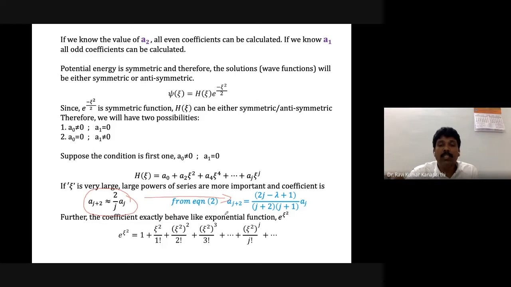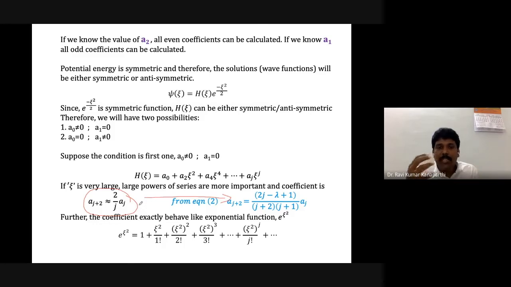Then it is going to be 2j by j square, which is nothing but 2 by j multiplied by a j. That is what it is. Do you follow this? Yes, sir.